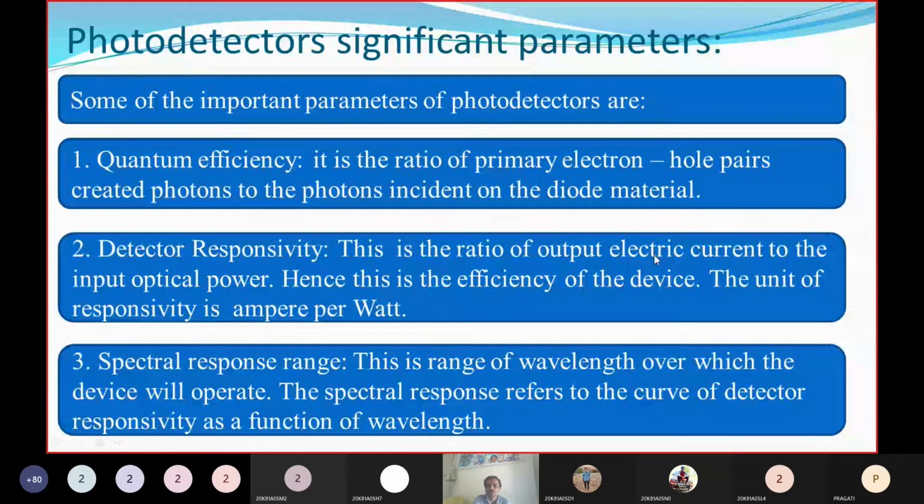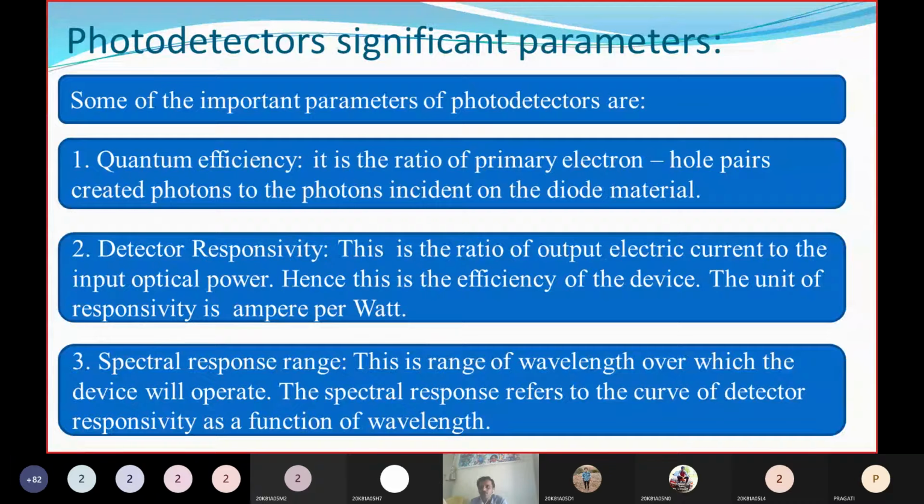This ratio of electric current and optical power gives the detector responsivity. Hence this is the efficiency of the device. Responsivity is proportional to the efficiency, so if responsivity is more, the efficiency of the device is also high. The unit of responsivity is ampere per watt.